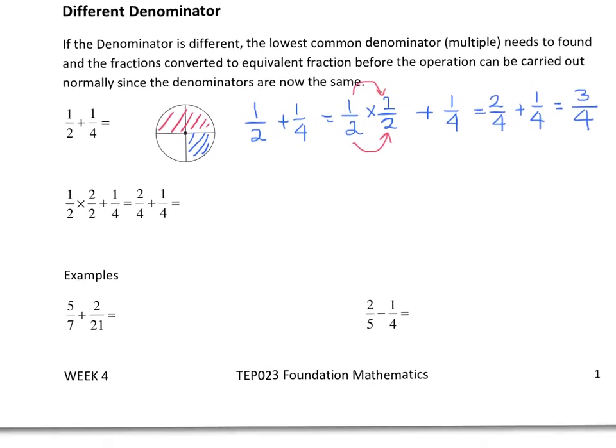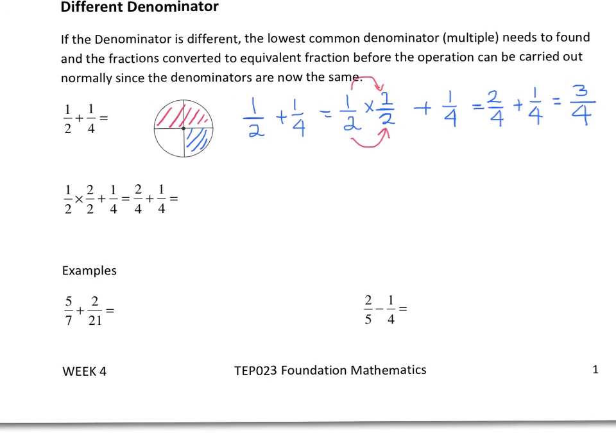Our next example is 5/7 plus 2/21. Again, we haven't got the same denominator in the two fractions we're adding, so we're going to have to turn 5/7 into an equivalent fraction out of 21.